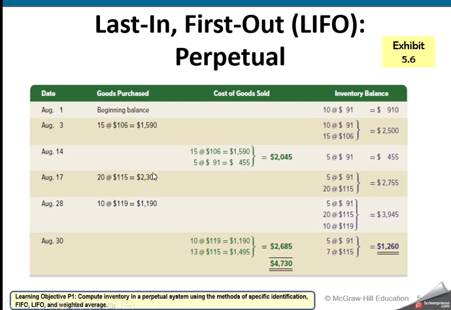And then we have 7 units back at this August 17th price, because again, here we sold out all of the August 3rd. So then we broke into that. Then this next one, we went back to the 28th. So we're paying attention to our dates, but saying if these are our most recent purchases, and they were sold after that date, those are going to be the first ones we charge to cost of goods sold.